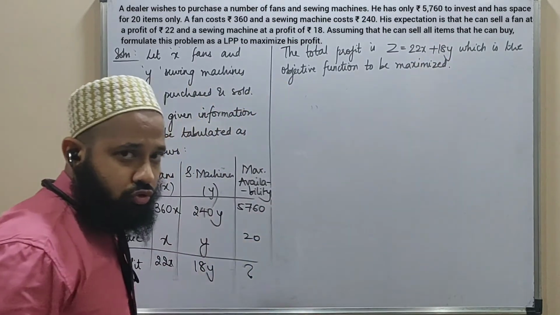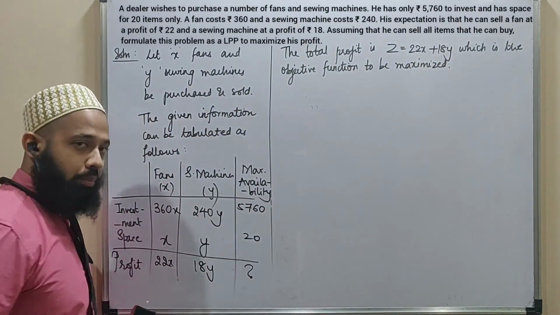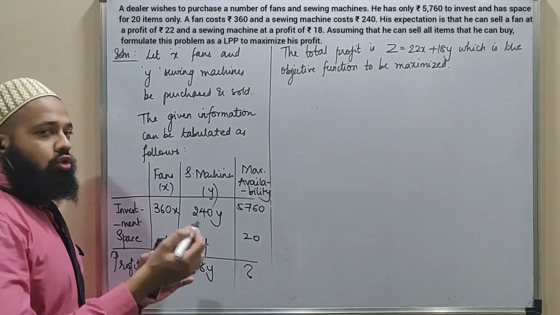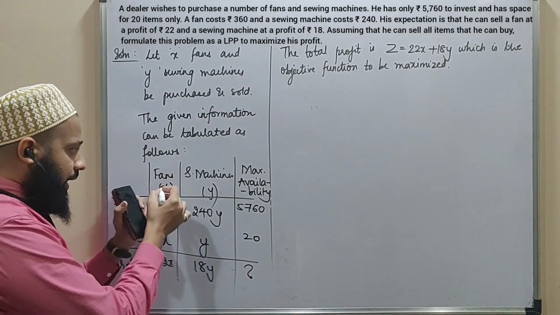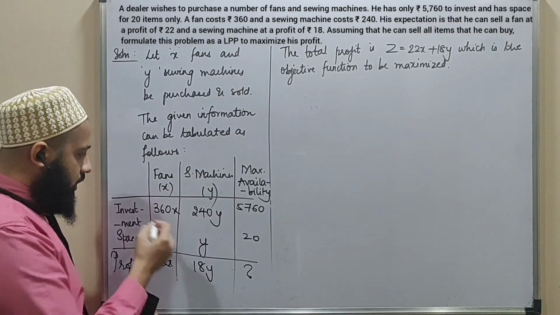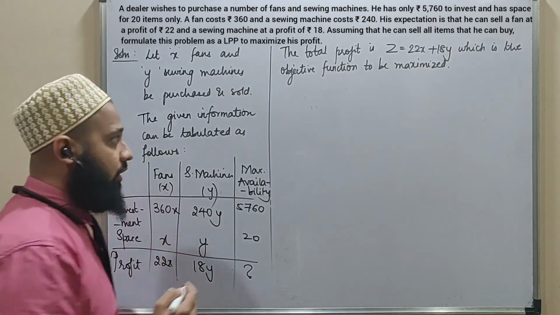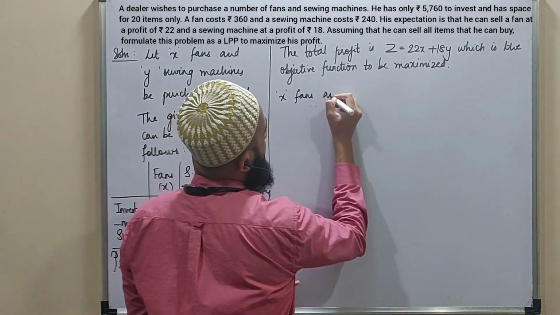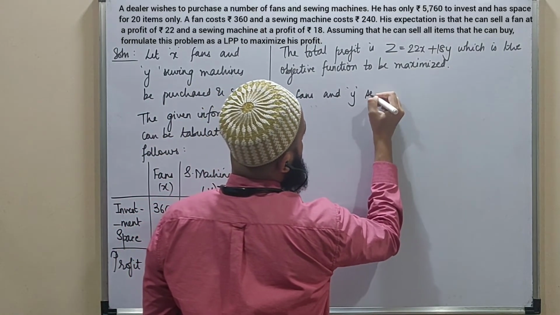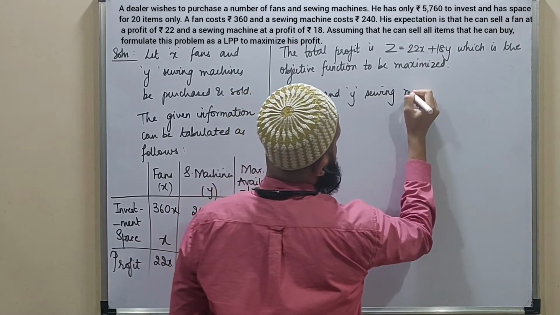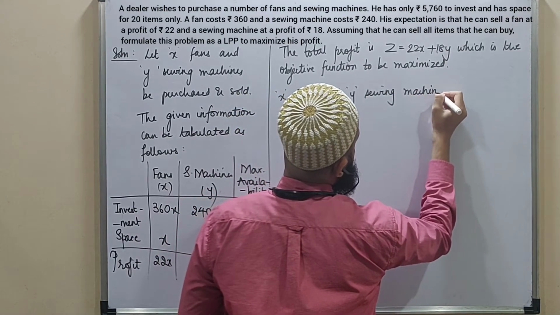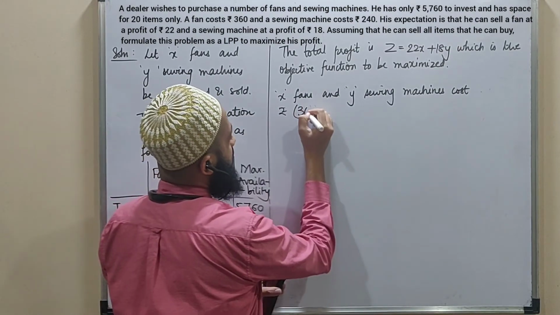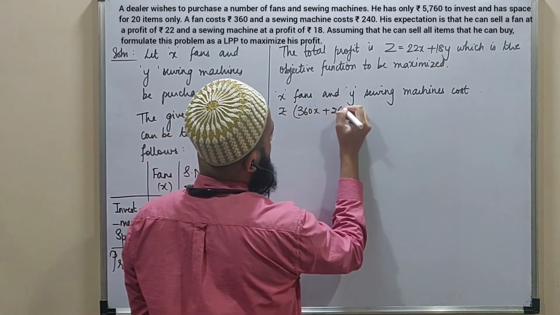Let's pick up one constraint from the table. We'll explain the investment part, and then similarly we'll write the space constraint. X fans and y sewing machines are costing him this much rupees. That's what we can write here: x fans and y sewing machines cost rupees 360x plus 240y.